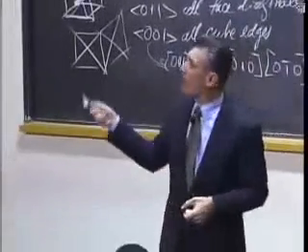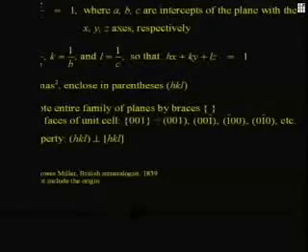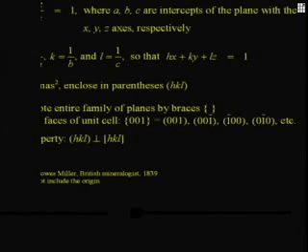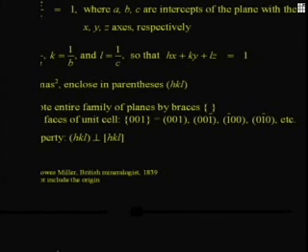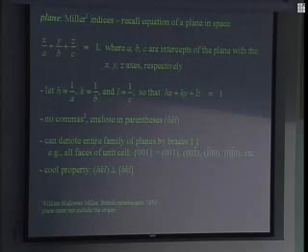You know from your math that the equation of a plane is x over a plus y over b plus z over c equals 1, and a, b, and c are the intercepts with the x, y, and z axes, respectively. So what Miller did is he said, let h be 1 over a, k be 1 over b, and l equals 1 over c.